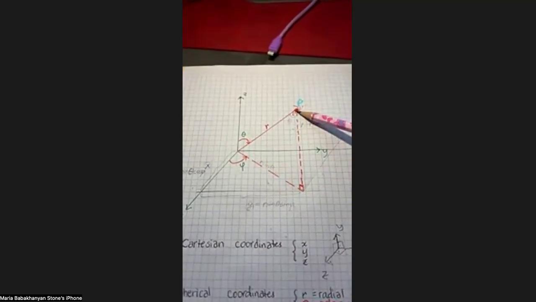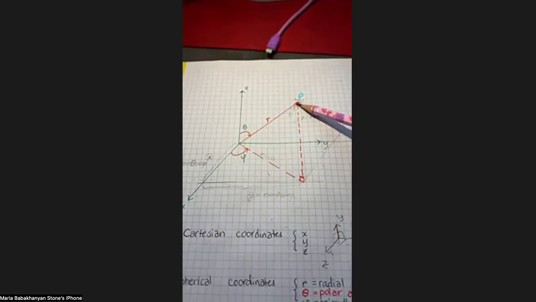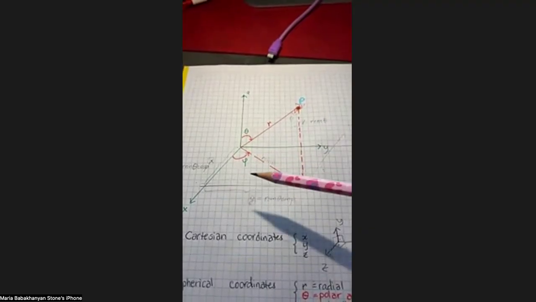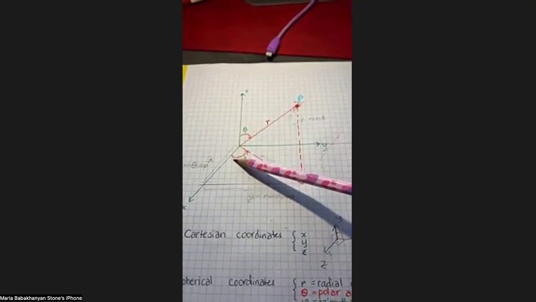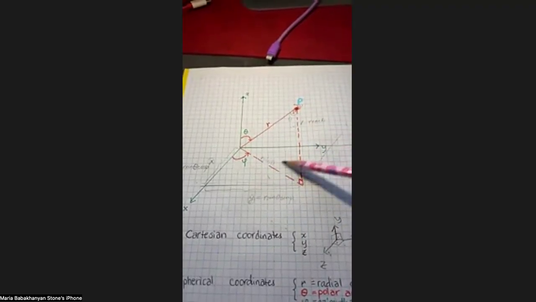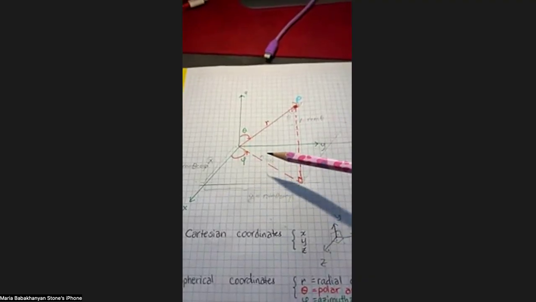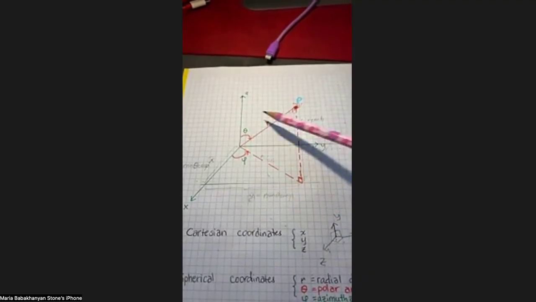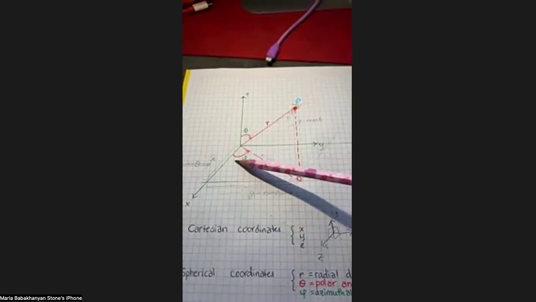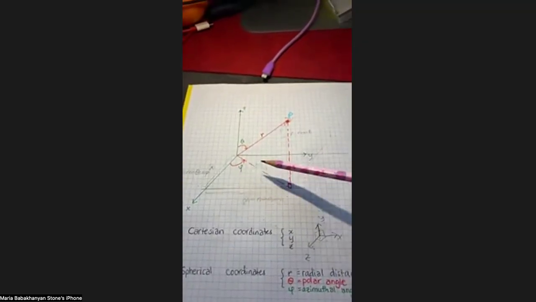If you have a point, this is your radial coordinate, the r, and then you have a theta, which is the polar angle, and azimuthal angle phi. There are different variations of naming, but in essence it is three. One of them is measured from the z-axis, and the other one within the plane of x and y, the other two coordinates.